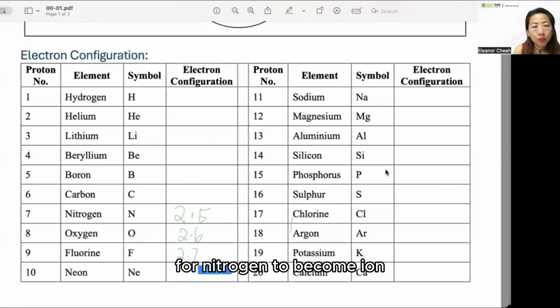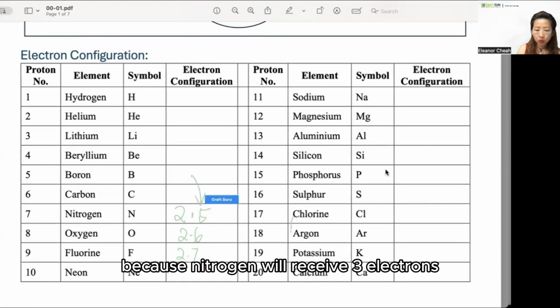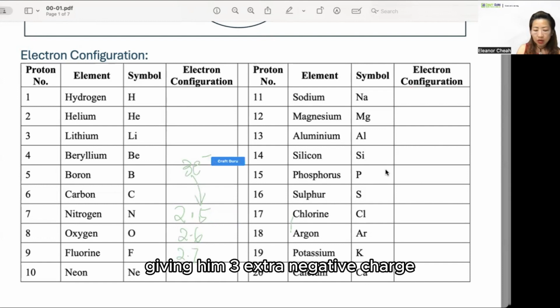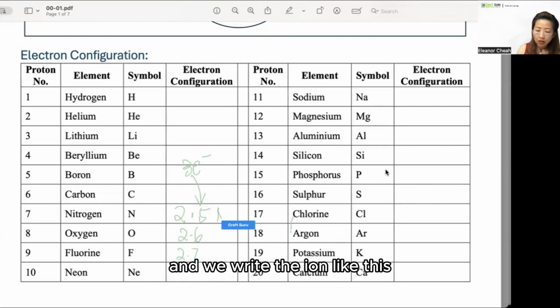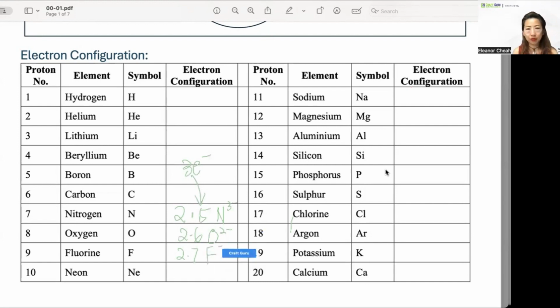For nitrogen to become an ion, it will turn negative because nitrogen will receive 3 electrons, giving it 3 extra negative charge, and we write the ion like this, 3 minus. For oxygen it is 2 minus, for fluorine it is 1 negative.